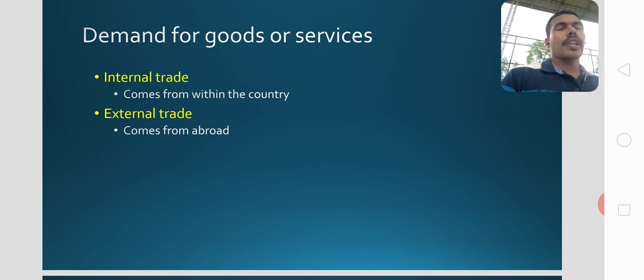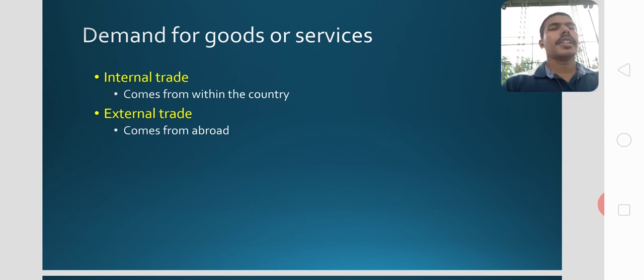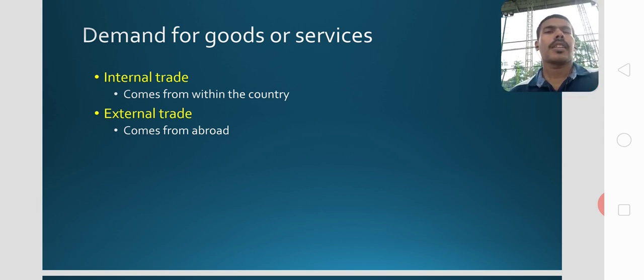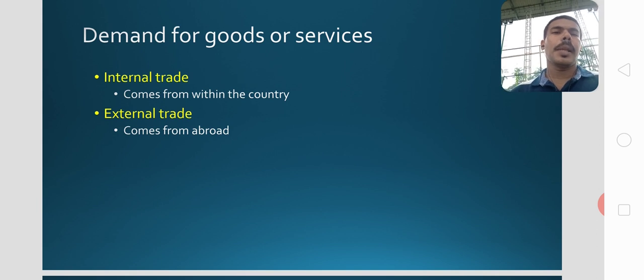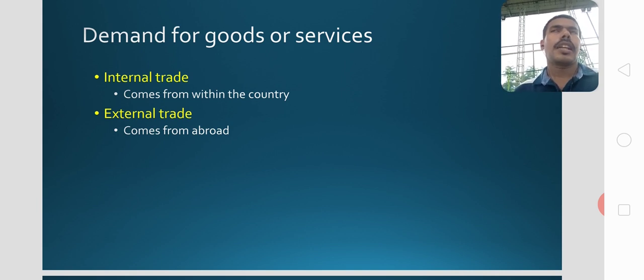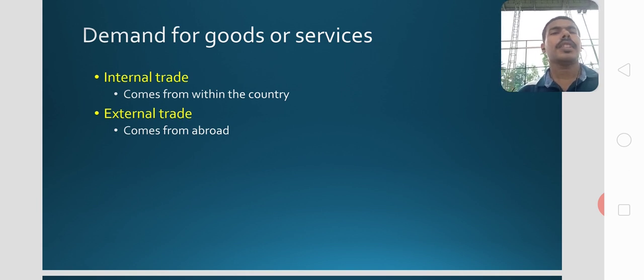Manchester is famous for the textile industry, and Coimbatore and Tirupur are also famous for the textile industry in India. So the demand for commodities in foreign trade is coming from abroad. For example, the demand for Indian textiles is coming from United States, China, and many other countries.